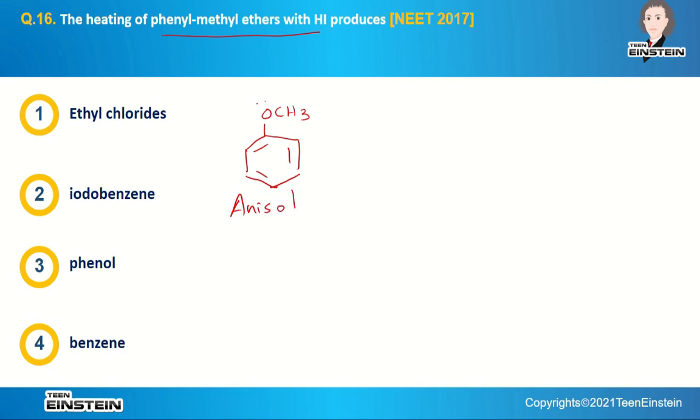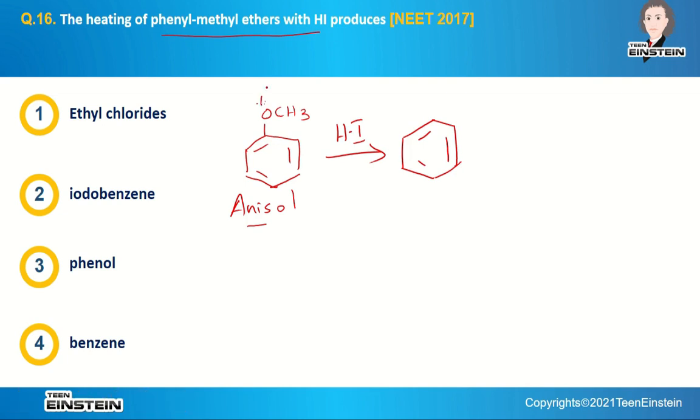This problem is based on resonance stabilization. In anisole, the methyl phenyl oxonium ion is formed by protonation of ether. So when anisole reacts with HI, it produces methyl phenyl oxonium ion.